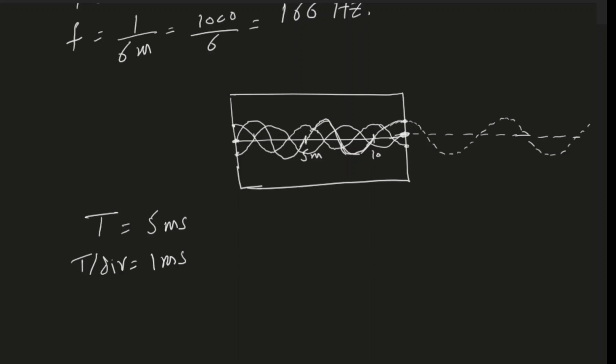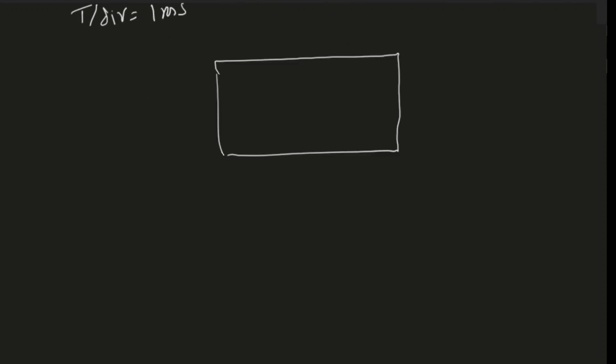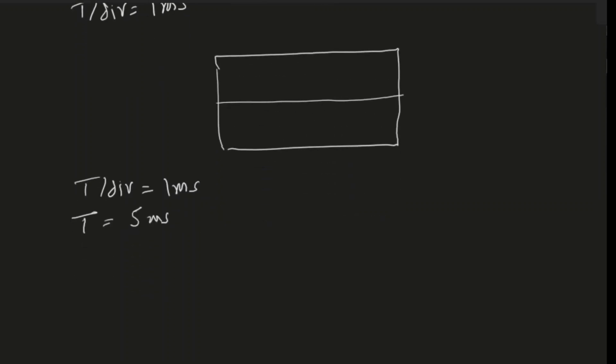So to avoid this issue, the oscilloscope provides us with a trigger option. Now let's see how the trigger can help us get rid of this problem. Again, this is my screen of the scope. I will assume the same thing, that time per division is 1 millisecond, and the time period of the input signal is 5 milliseconds as before.